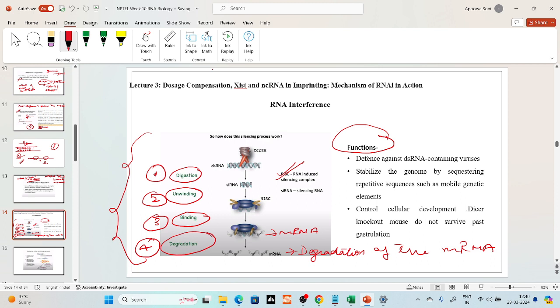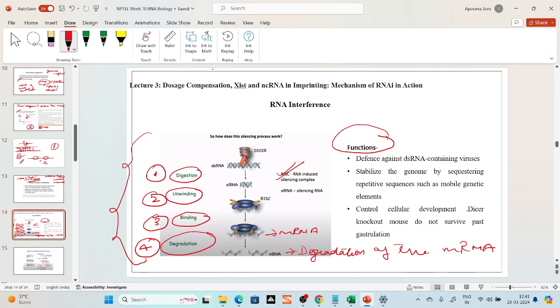When a cell has to do transcription, it has to give its time and its energy. So why waste so much energy and time when it has to be degraded? Why is RNA interference there in the first place? Why would it degrade RNA which is made by spending some amount of ATP?